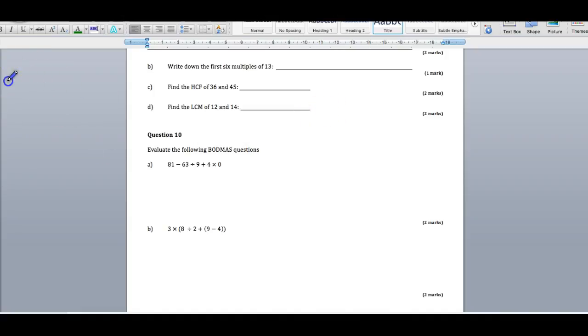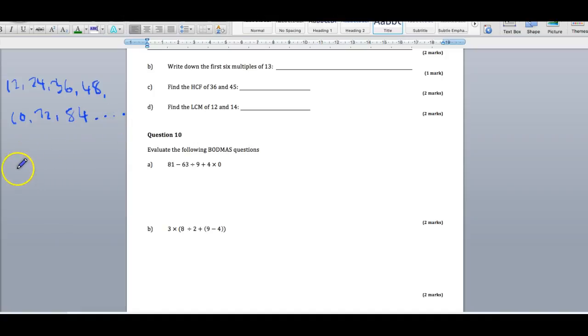So let's do 12, 24, 36, 48, what are we adding? 60, 72, 84, and you can keep going.